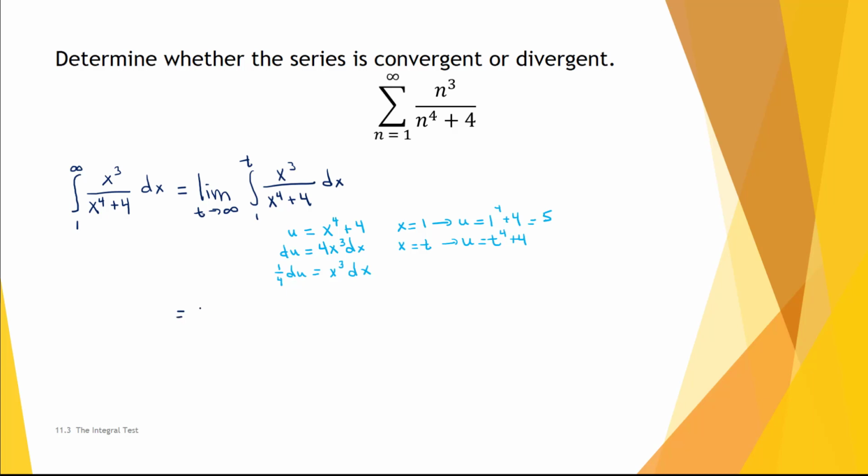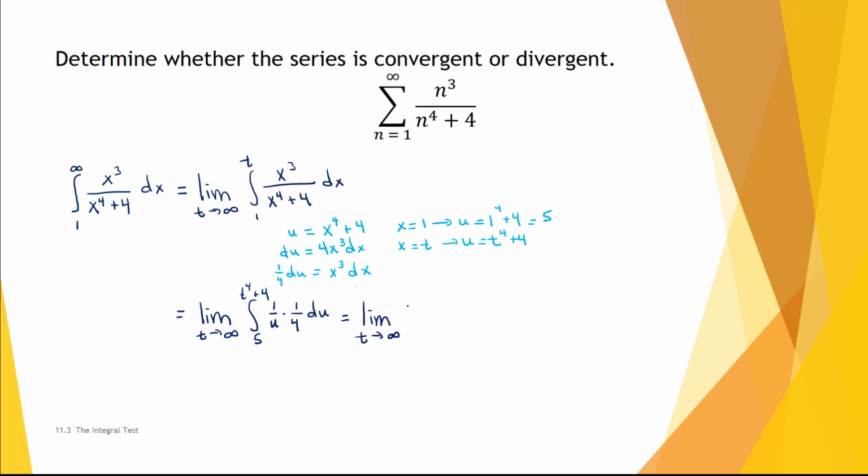So we can rewrite our limit as the limit as t approaches infinity of the integral from 5 to t to the fourth plus 4 of 1 over u times 1/4 du.